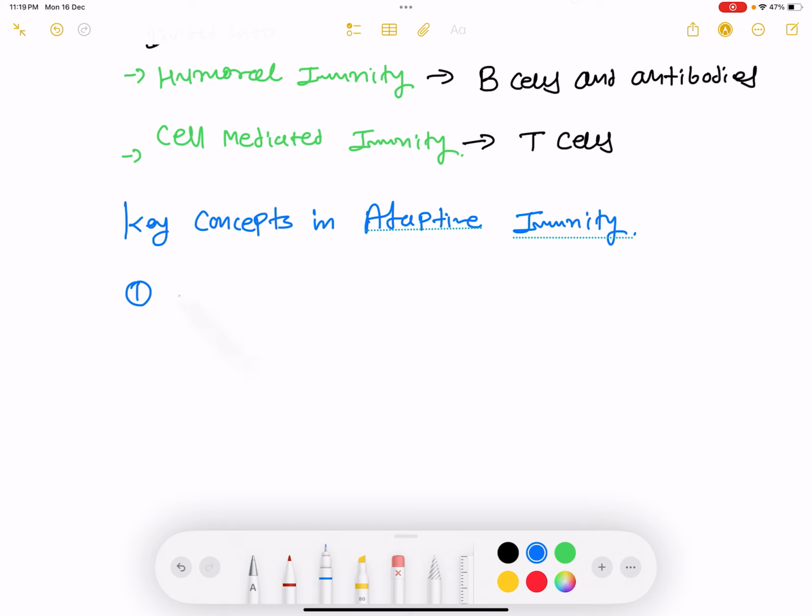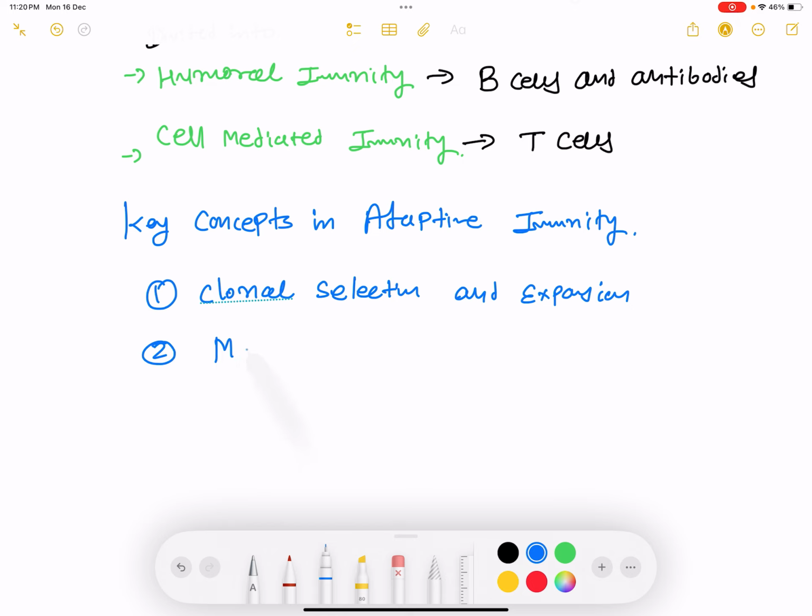First is clonal selection and expansion. B and T lymphocytes recognize specific antigens using receptors. Once activated, these cells proliferate and differentiate into effector cells and memory cells.